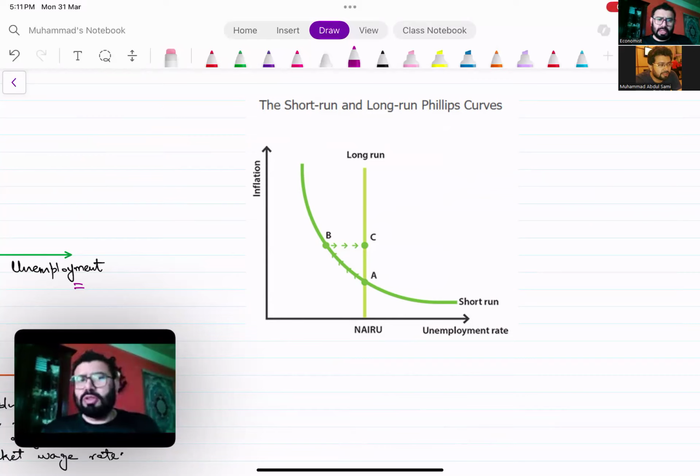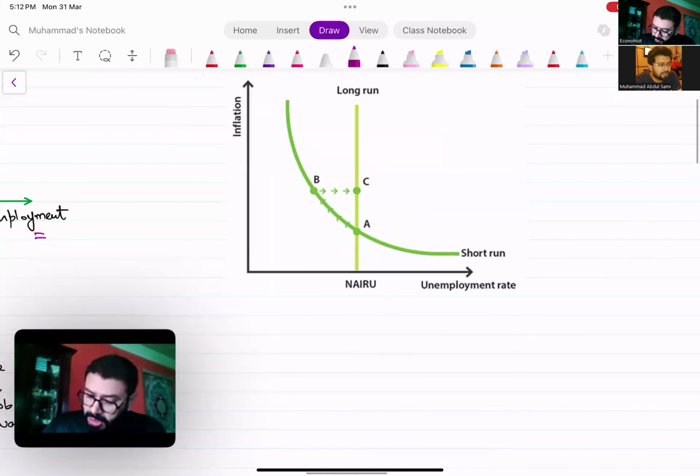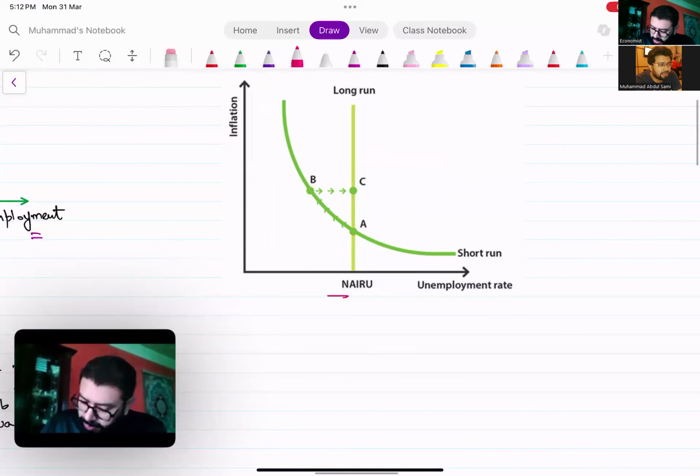By reducing interest rates, the central bank could lower unemployment if it is willing to accept higher inflation, or by increasing interest rates, it could reduce inflation at the cost of higher unemployment. However, it cannot sustainably achieve both unemployment below the NAIRU, and I show you below the NAIRU here, and low stable inflation at the same time. Obviously, there is a conflict between these two macroeconomic objectives, the unemployment rate and the rate of inflation.